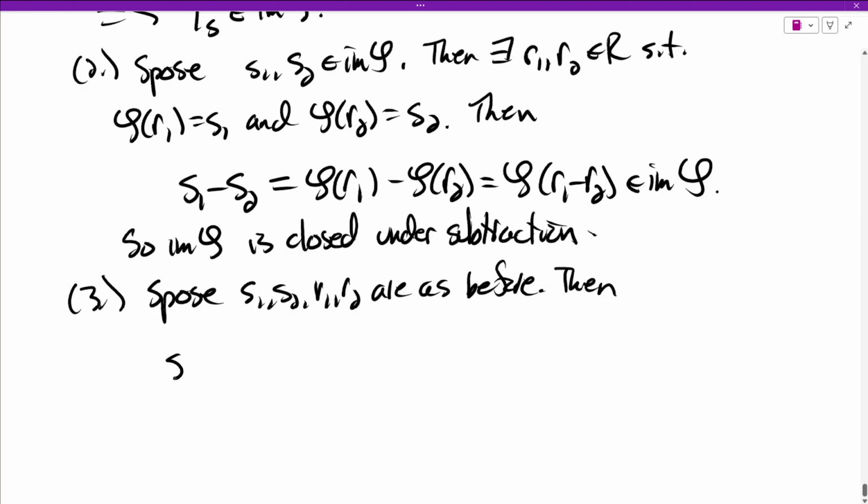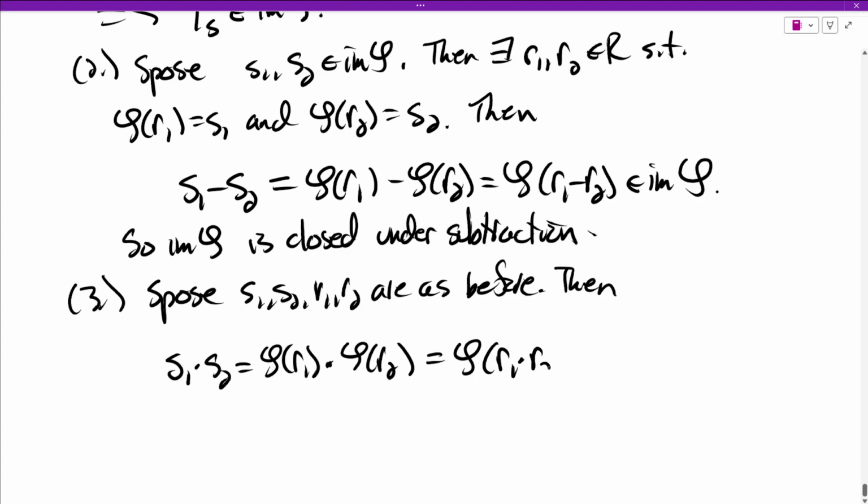Then S1 times S2 is, well, S1 is phi of R1, S2 is phi of R2, but phi is a homomorphism, so we can break it up under multiplication, but we can also bring it together under multiplication. Equals goes both ways in math. So is S1 times S2 phi of something? Yes. So the image of phi is closed under multiplication.